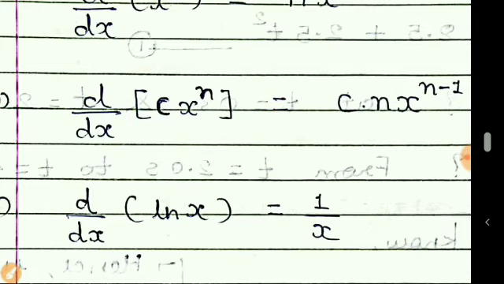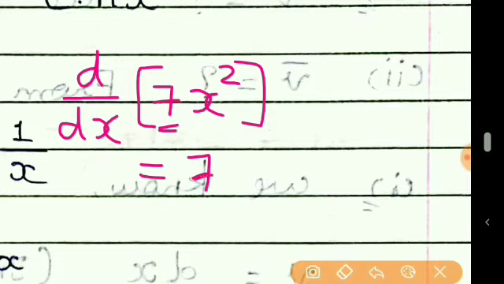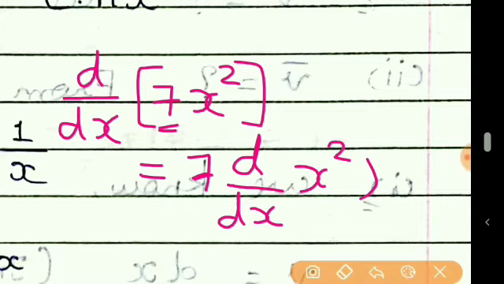Let us take one example so that you can understand it better. Suppose I want to find d by dx of 7 x raised to 2. So what is its differentiation? 7 is a number, so I have taken it out. So what is remaining inside? x square. So 7 is taken out, and I have to simply differentiate that x square, so d by dx of x square.